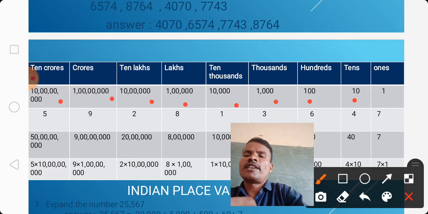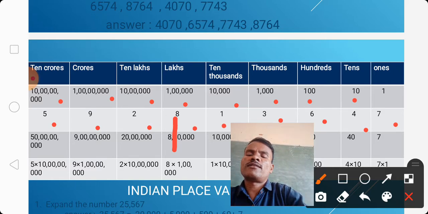If we write a number according to this chart, here 5, 9, 2, 8, 1, 3, 6, 4, 7. Then we have to read this number.